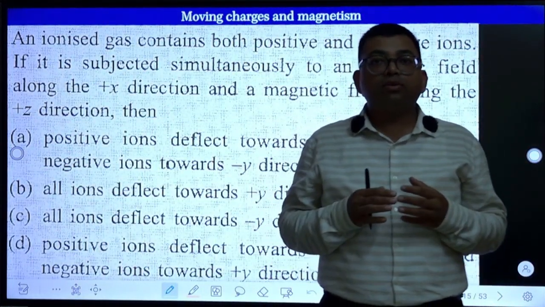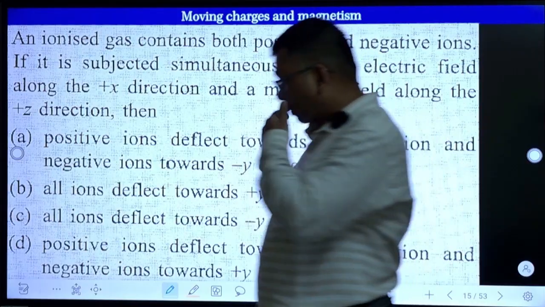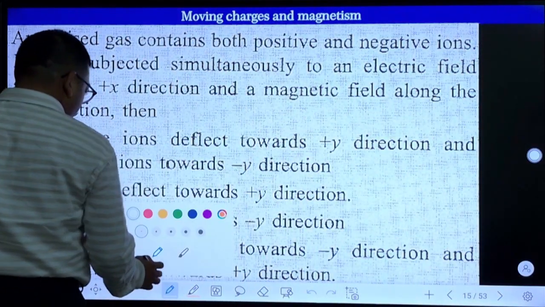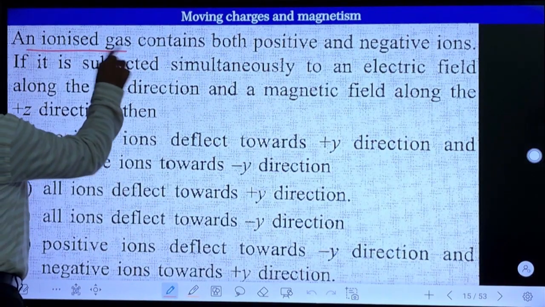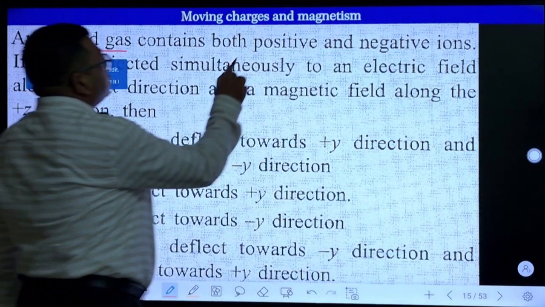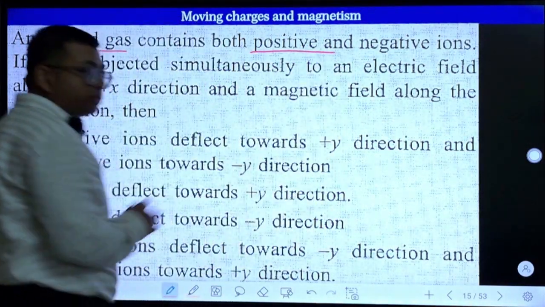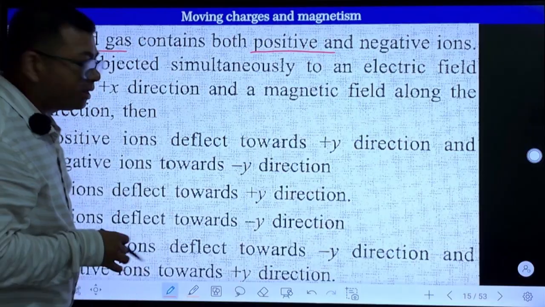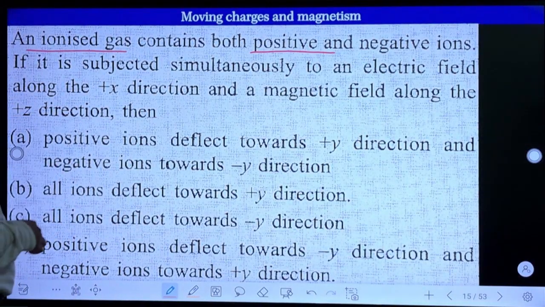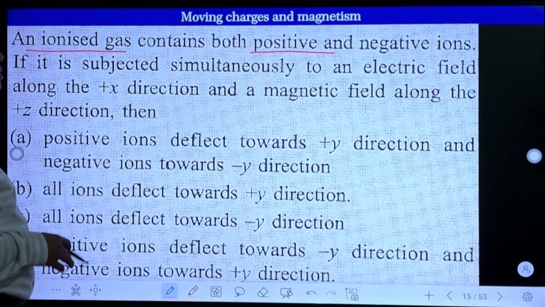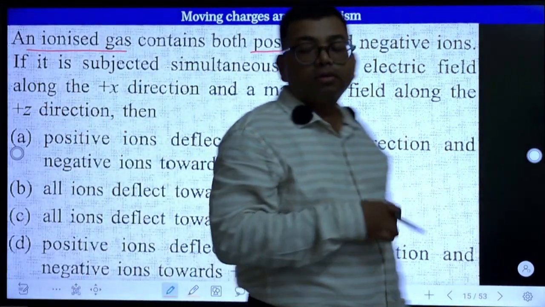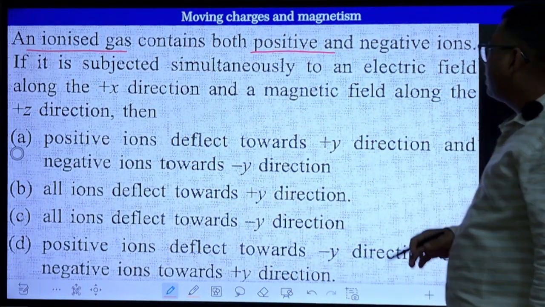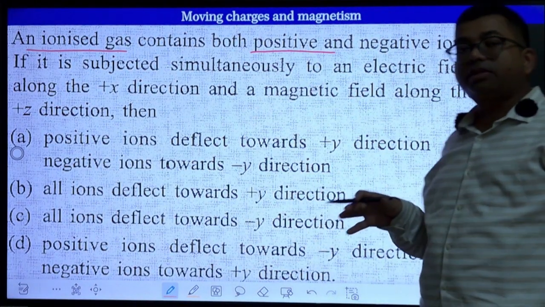So let us continue discussing the problems. An ionized gas contains both positive and negative ions. So there is a gas which has both positive and negative ions. It is subjected simultaneously to an electric field along the positive x direction and a magnetic field along the positive z direction.